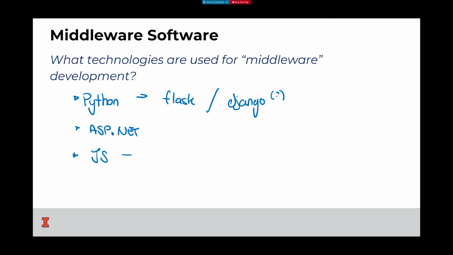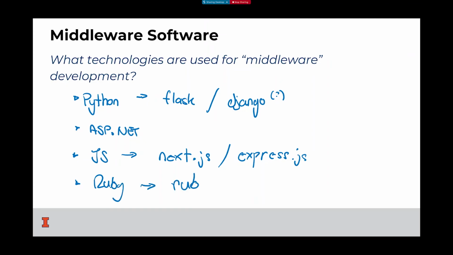On the JavaScript side of things, you may have heard of Next.js or Express.js. These are both frameworks that go around routing. How do you handle a route, send it to middleware? Ruby on Rails, yeah. So if you're in the Ruby world, Ruby on Rails is absolutely a middleware framework.